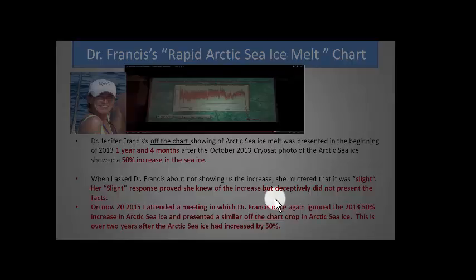When I asked her about the 50% increase in Arctic sea ice, she murmured that it was slight. That statement proves she knew about the increase in sea ice and chose to deceive us by not showing the significant increase. This is a deception by omission. Instead, she had the audacity to project the downward course off the chart.